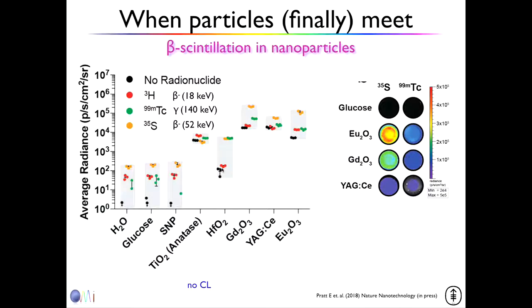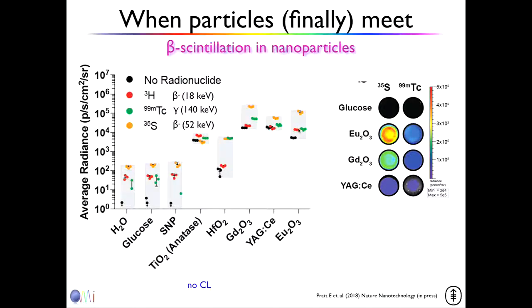And if you put these together with a range of particles, here's water, glucose, these are silica, titanium oxide, hafnium, gadolinium, YAG, doped cerium particles, and europium oxide, you see that even though the tritium shouldn't give you any signal, compared to the water, which is here, this is what, 10, maybe 20, 30, and here you are at 20,000 or something like that.